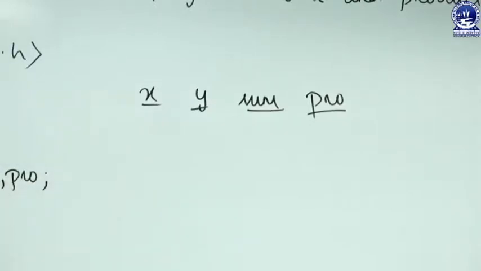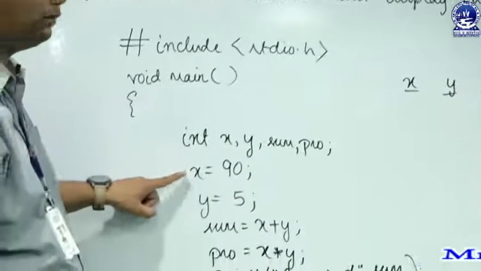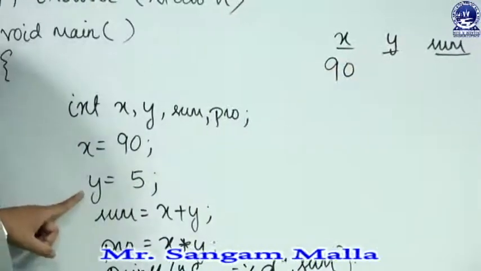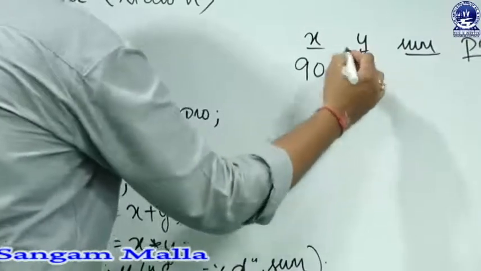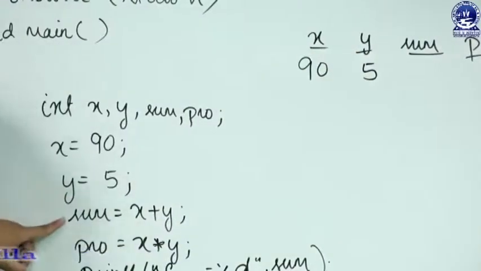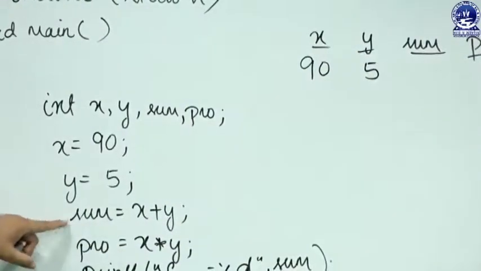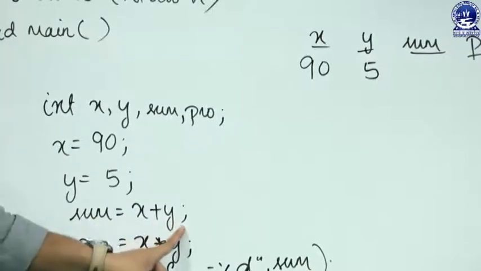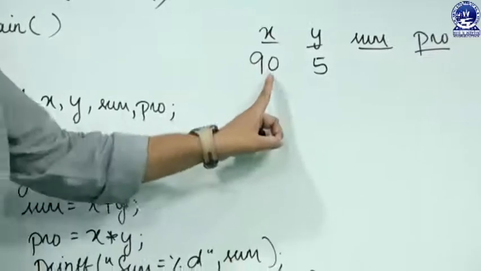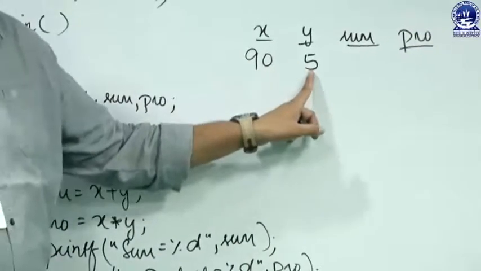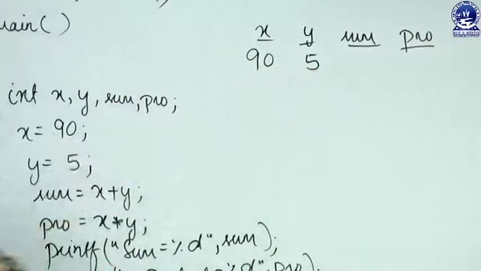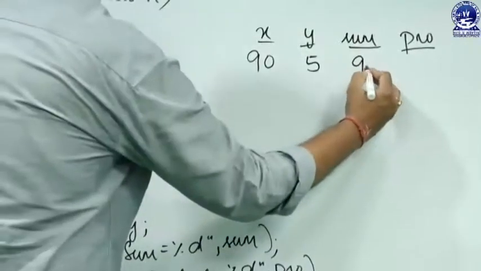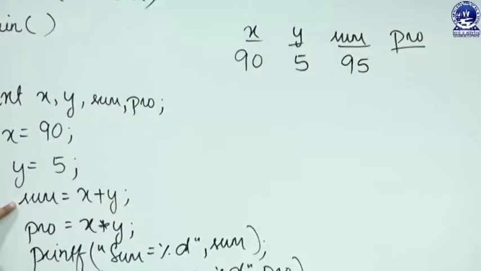First, x equal to 90 means 90 will be stored in x, y equal to 5 means 5 will be stored in y. Next comes sum equal to x plus y, which means the value of x plus the value of y. The value of x is 90 and the value of y is 5. So, 90 plus 5, that is 95, will be stored in sum.